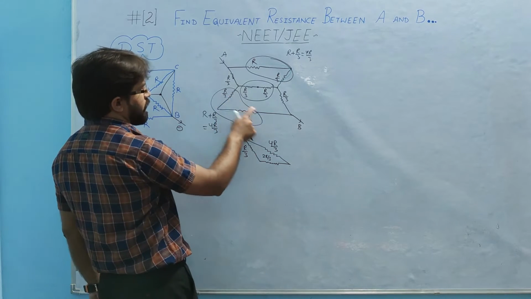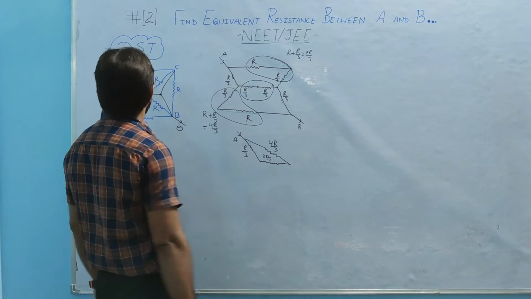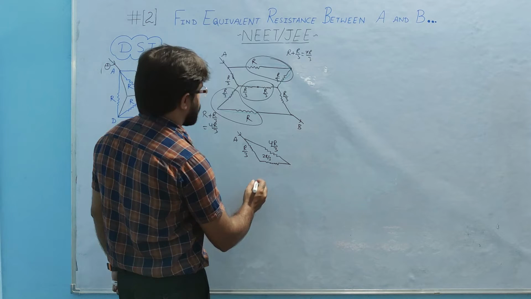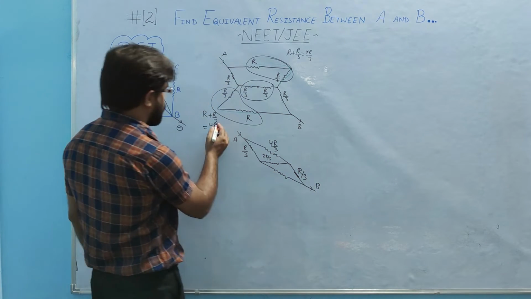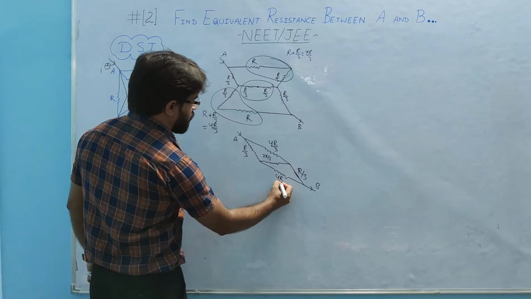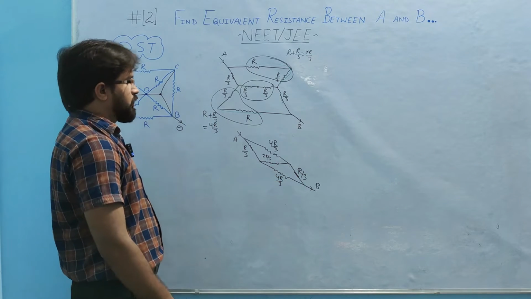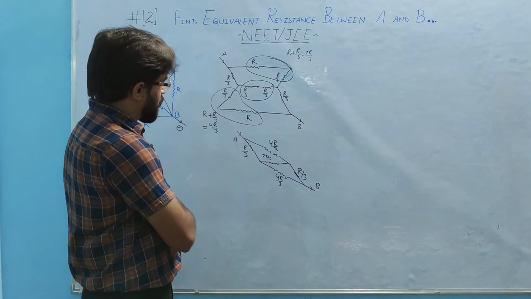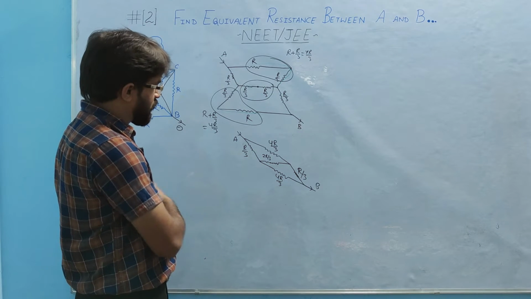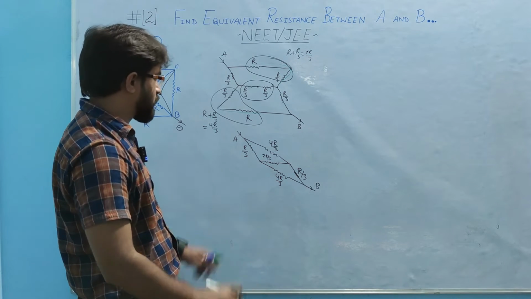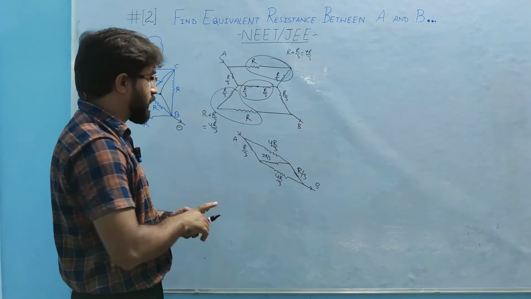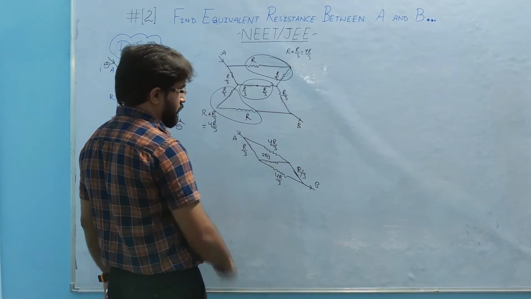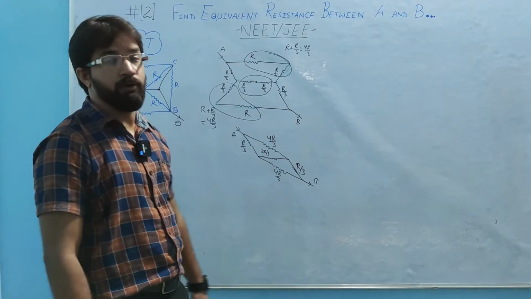This 4R by 3 is between B and this point. So this is still R by 3, and this becomes 4R by 3. Now it is not a balanced Wheatstone bridge. So again you are supposed to apply delta star in this delta or in this delta, then you will be able to solve.